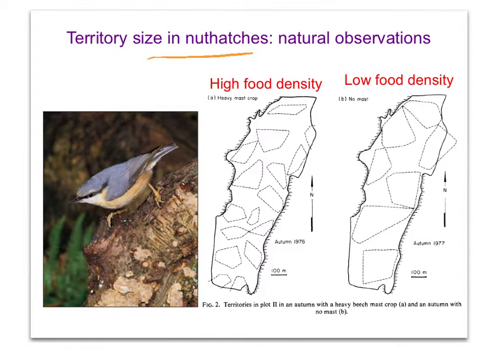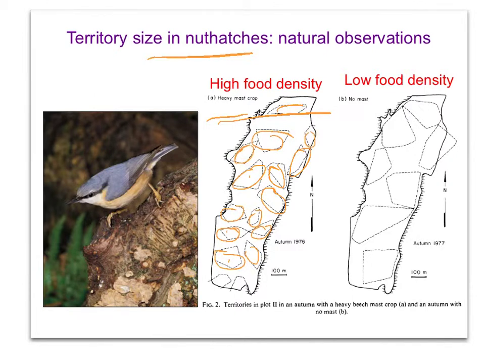And what you can see in this diagram here is that when food densities are really high, when it's been a high masting year, trees that produce seeds all at one time, we talk about masting. When there's a very heavy mast crop, the territory sizes of these guys tend to be kind of small. So each one of these territories would be occupied by a single bird fighting and keeping the other ones away.